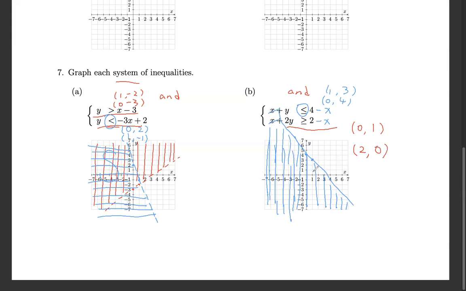So 0 comma 1 is this point, and 2 comma 0 is this point. Also with the equal sign, so graph with a solid line. This is greater than or equal to, so above the line. All those are in the solution set.